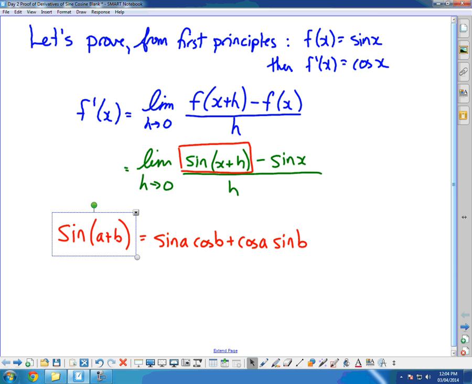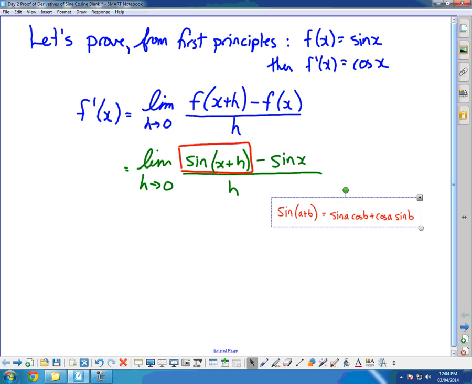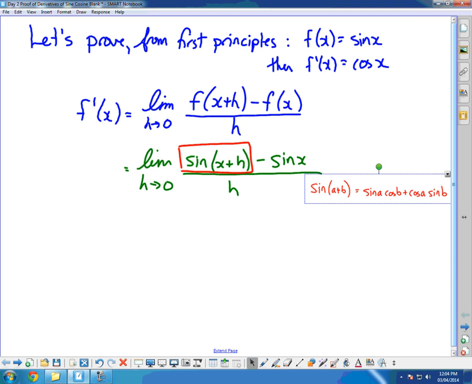So I'm just going to group that, move it off to the side, and we can use this as a little side note to remind us of what we're going to do. So again, limit as h approaches 0, but we're going to expand the compound angle formula.